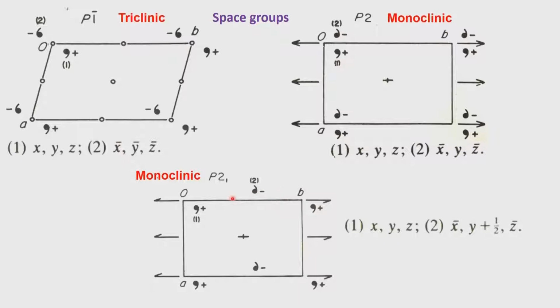That means we cannot have this object, because this particular object cannot have a two-fold rotation followed by half translation within the rotation axis. If it is here and it goes there, you still have the 2-1 operation possible, but then the chances of such objects being in the P2-1 symmetry are very little.